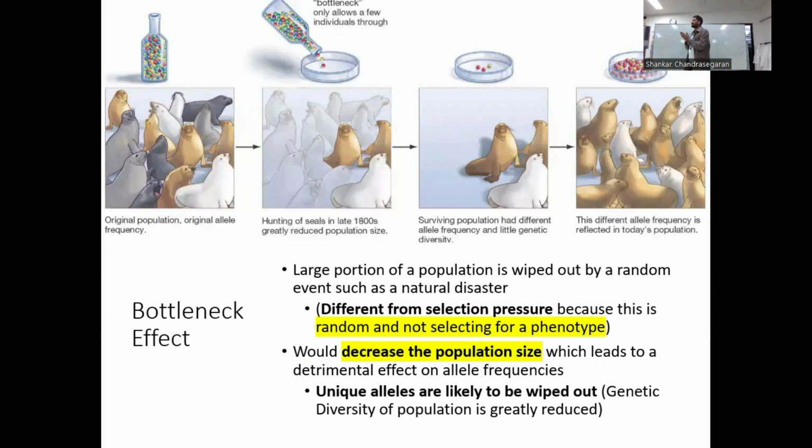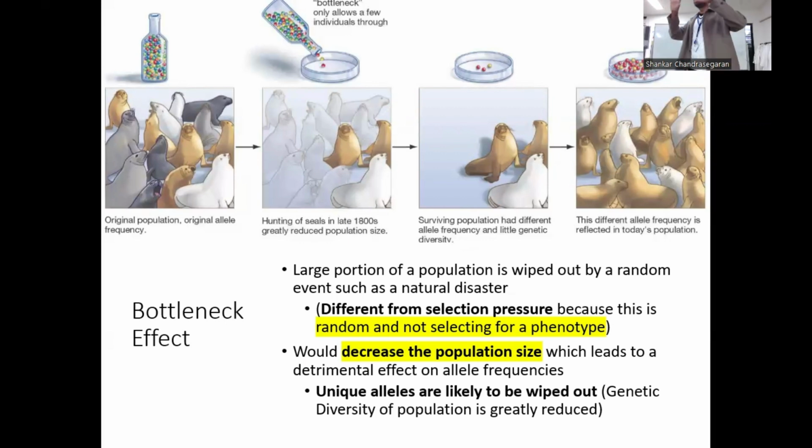Think of a moth that has two colors, white and black. The black moth will be able to hide itself better in an ash environment compared to a white moth. So the white moth would be selected against because the predators can still see and hunt them, whereas the black moths will be better suited for that environment. So it will be selected for.